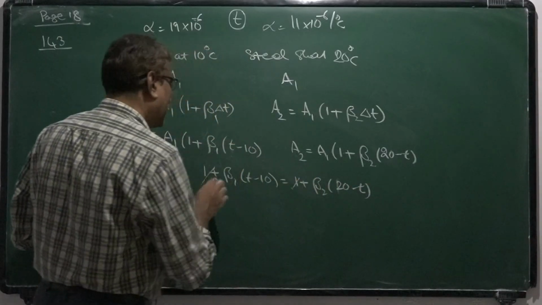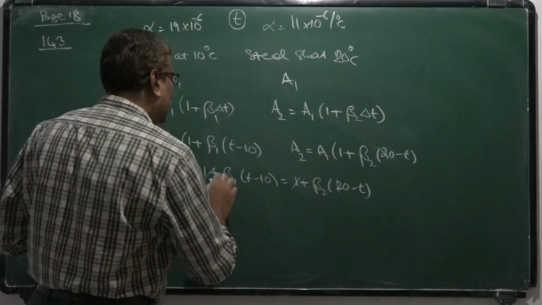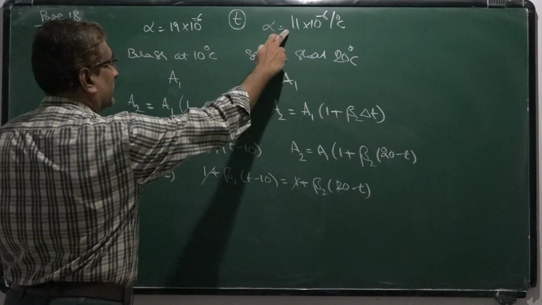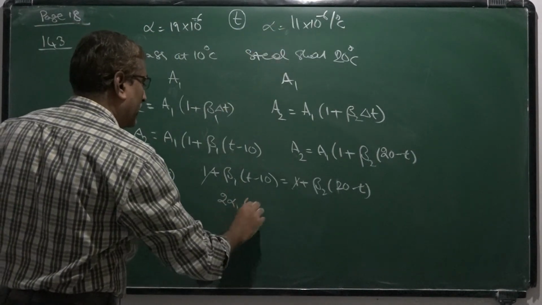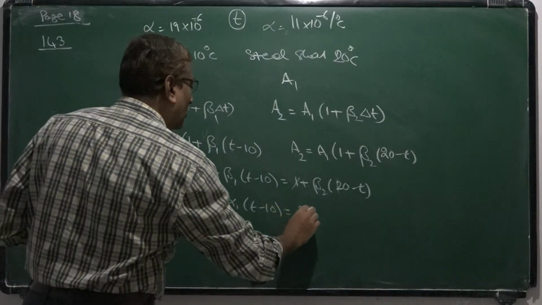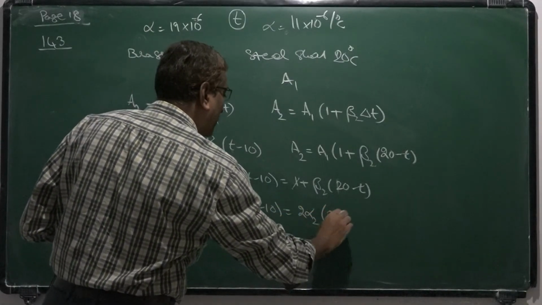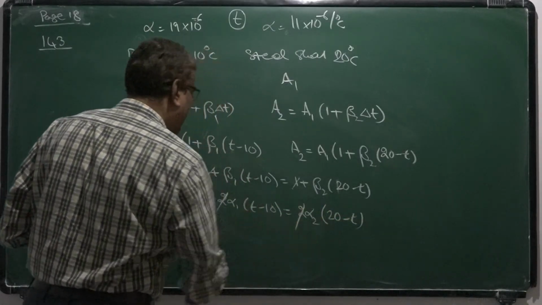So this one also gets cancelled. Actually beta is nothing but twice alpha. So 2 alpha 1 (T minus 10) equal to 2 alpha 2 (20 minus T). Again 2 also gets cancelled.